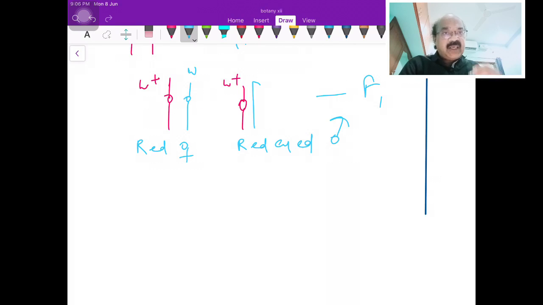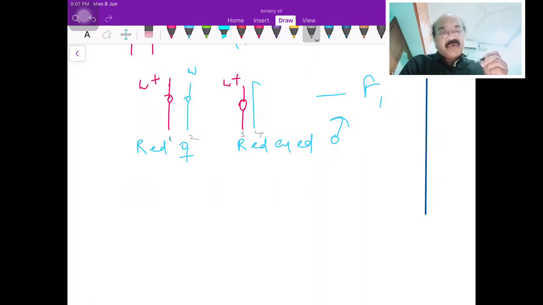When you go for the F2, for your convenience I am giving numbering. This is 1, this is 2, this is 3, this is 4.